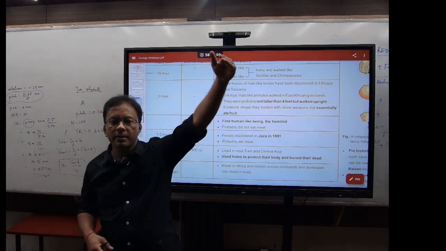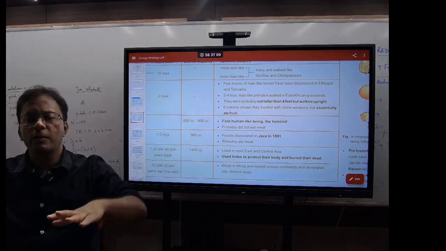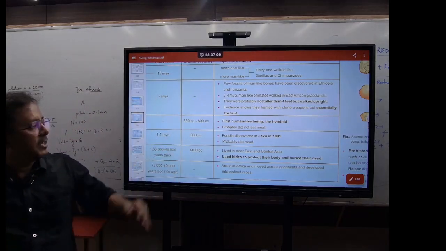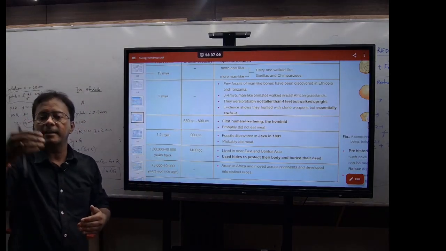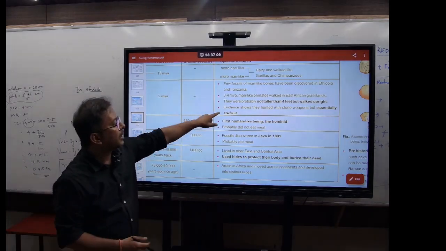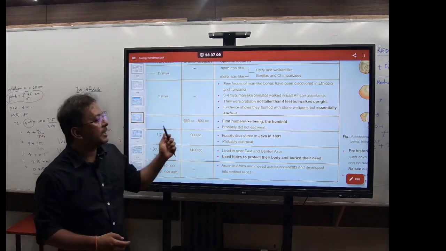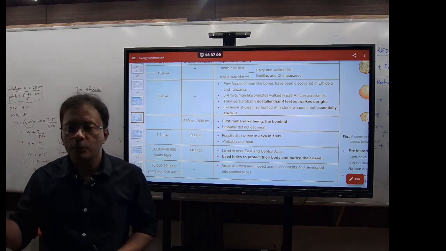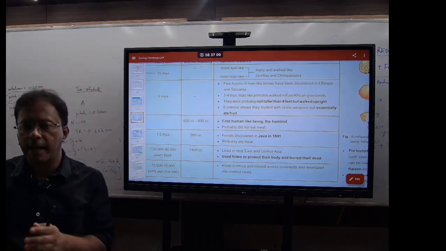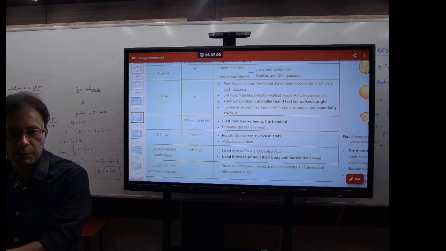Before that, Ramapithecus and Dryopithecus were walking on the 4 limbs, but here they started to walk slightly upright. And evidence showed that they hunted with stone weapons, but essentially they ate fruits. So you can say they are kind of herbivores.